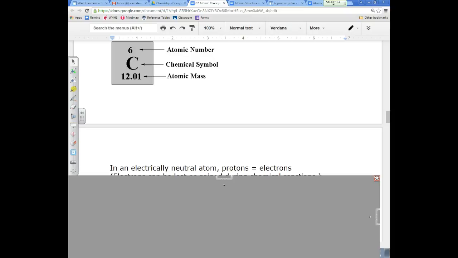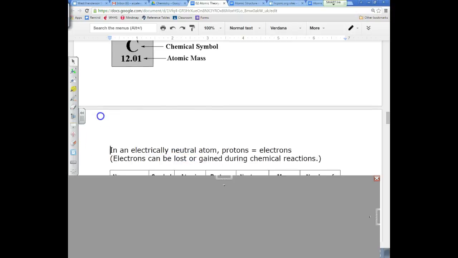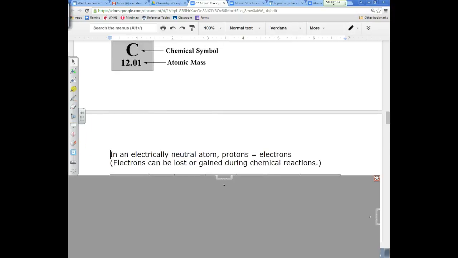But that only occurs in an electrically neutral atom. They're not going to stay neutral for very long, but we'll practice with them here in a second. If it's neutral, protons equal the electrons. But we're going to find that electrons can be lost or gained during chemical reactions.